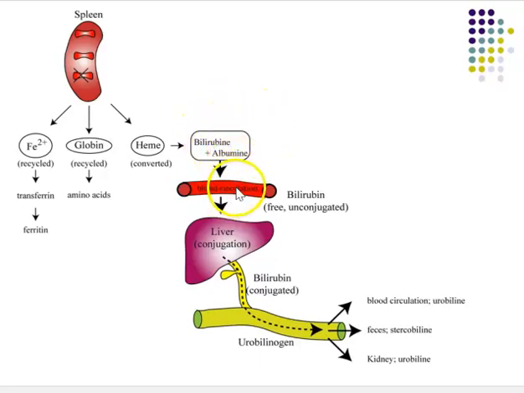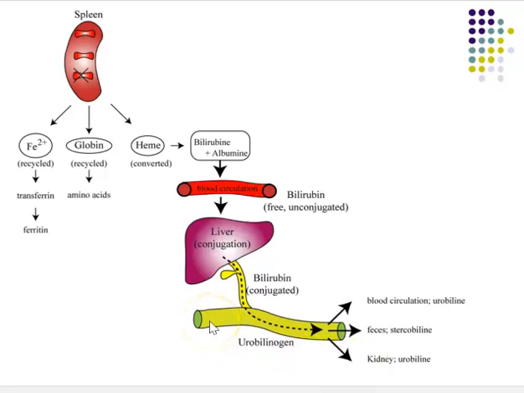From there, you're going to have the free unconjugated bilirubin in blood circulation. And then you're going to go on and have the conjugated bilirubin in the liver. And from there, the conjugated bilirubin can move down via the bile duct into the intestine, where it will be converted to urobilinogen using the normal flora bacteria that's present in the intestine, and then it will eventually become urobilin.